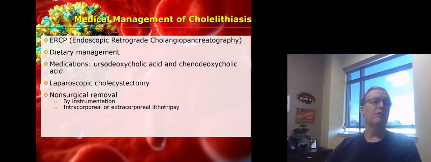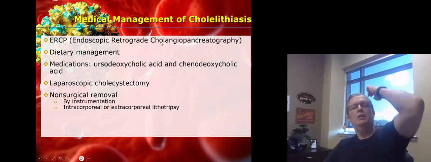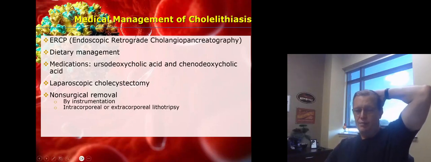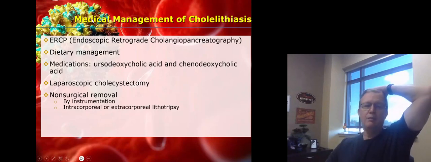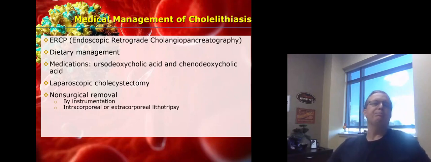Depending on where the stone or stones are occluding depends on how far we go. But commonly, they'll go in and clean out that whole duct from the common duct back up through the cystic duct into the gallbladder, and maybe even sweep the gallbladder while they're in there. And I'll show you a picture of what that procedure looks like here in just a minute.